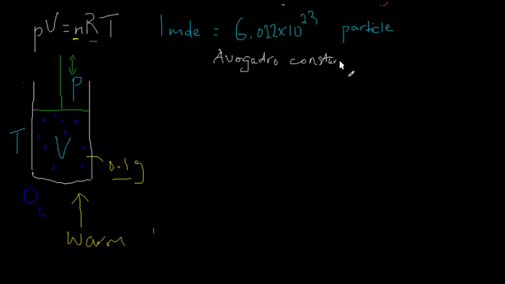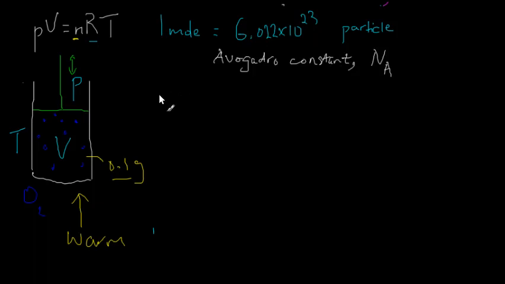I believe it's named after the person who first found out this value, but the definition has changed a bit over history. Let me write down the symbol. You could use capital N with a subscript capital A to represent this number. It saves you from having to write out so many digits all the time.